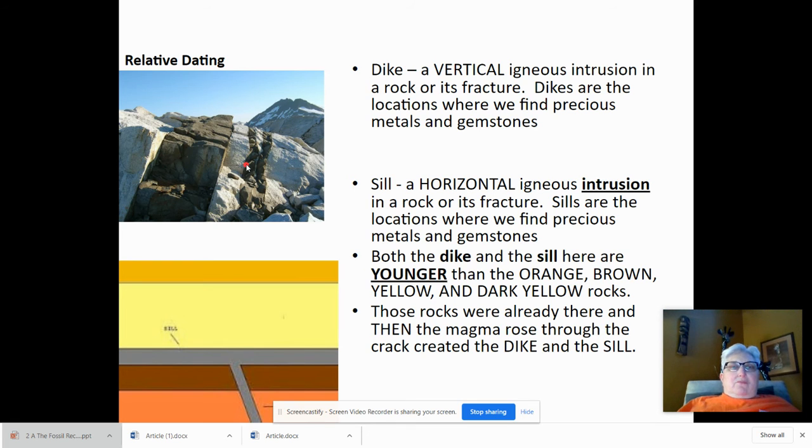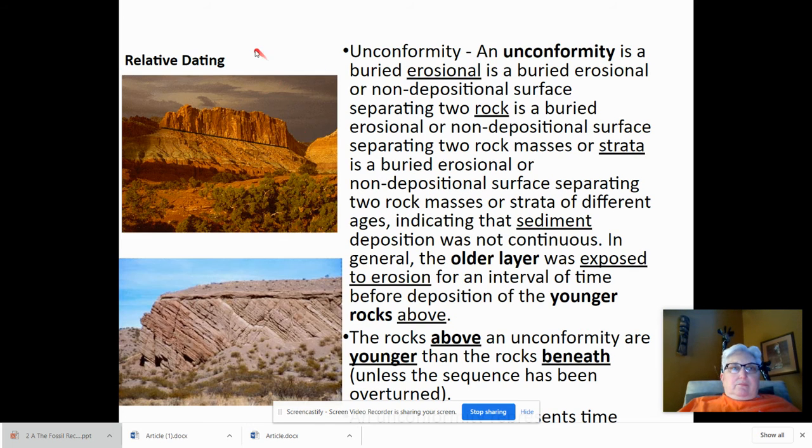So, we try and match these up, right? And that's one of the reasons we know that the continents at one point were all together, right? Because of the fossils that we find that are separated by oceans, and we can match up the rock layers as having been together at one point. There's some more.